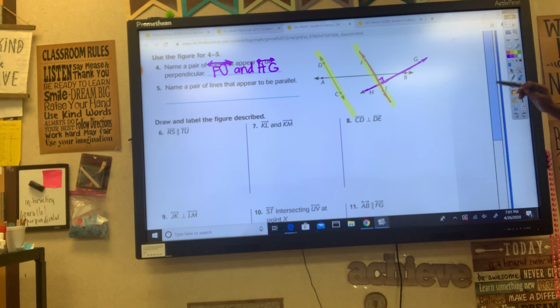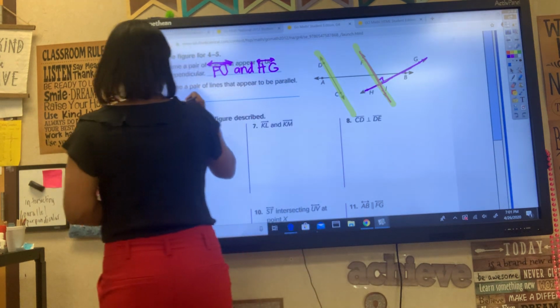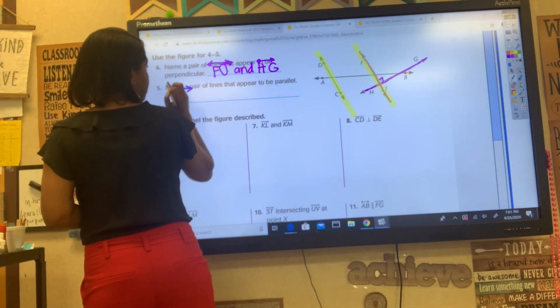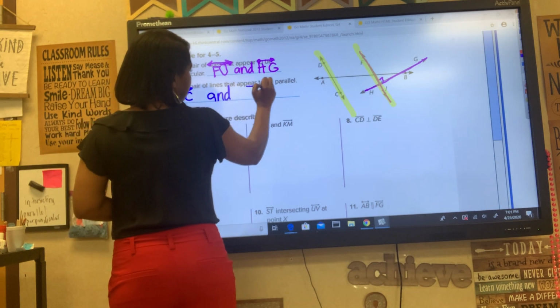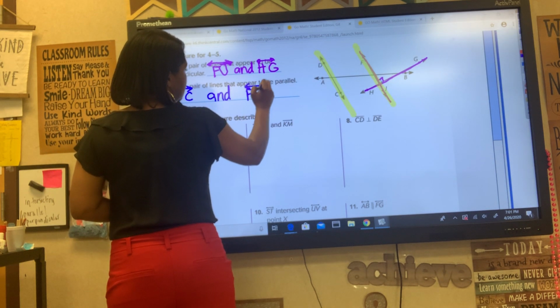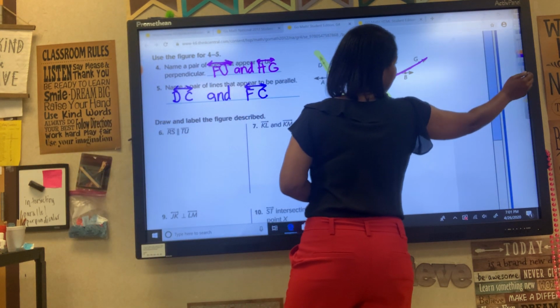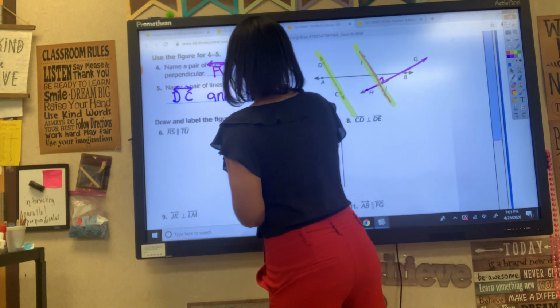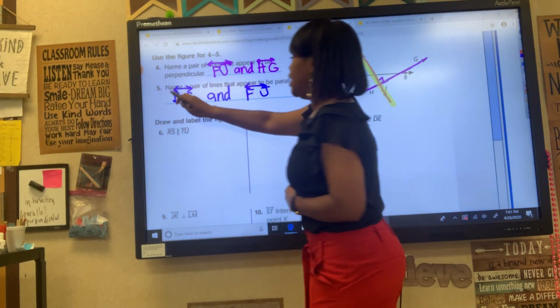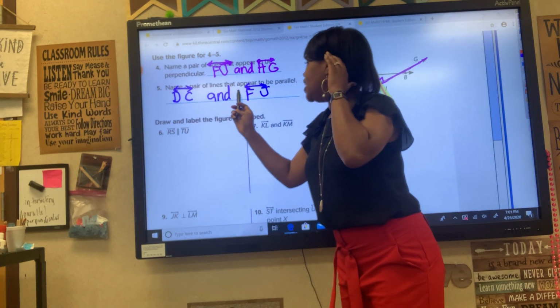So I'm going to write for number 5, line DC and FJ. Line symbol DC, and line symbol FJ. Okay, and I will read it like this, line DC and FJ.